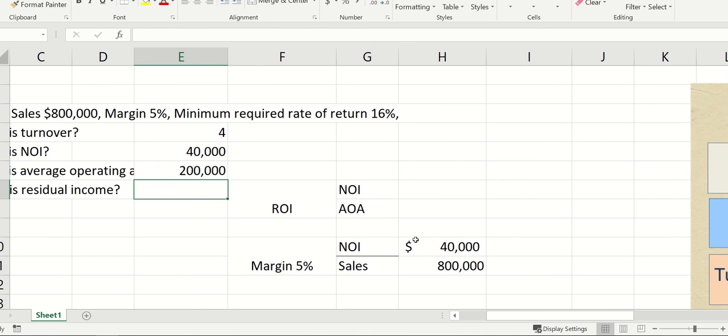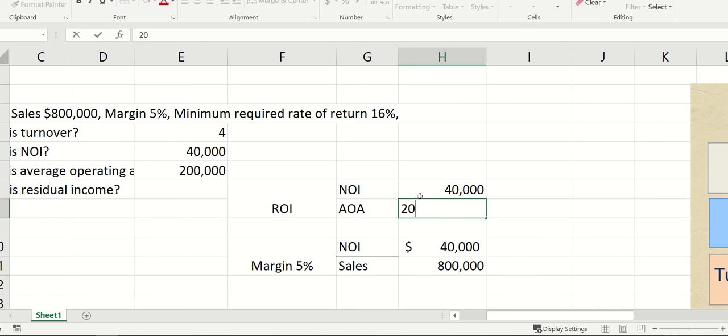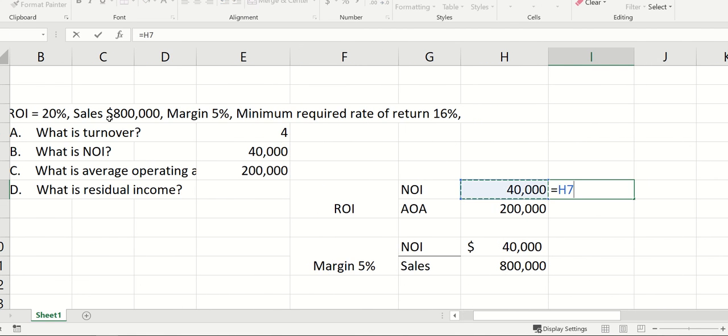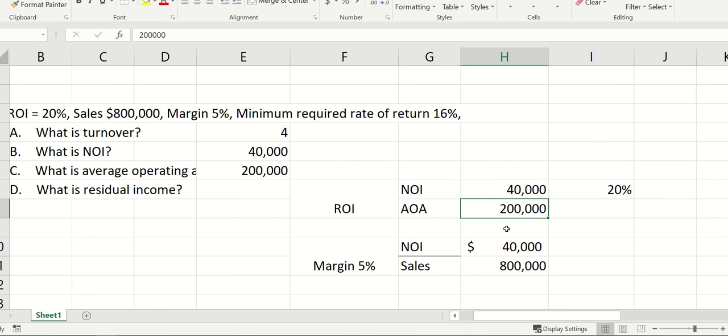And then I could just double check that. If NOI is 40,000 and average operating assets is 200,000, am I going to get the ROI that they told me, which was 20%? So 40 divided by 200, I do come out to 20%, so it looks like I did solve for AOA correctly, 200,000.